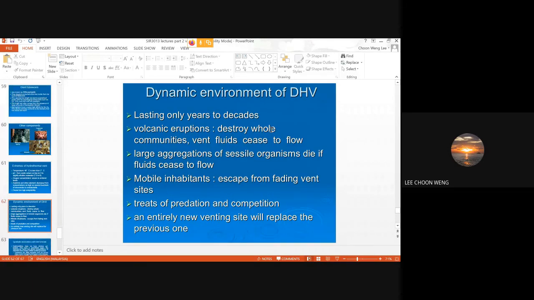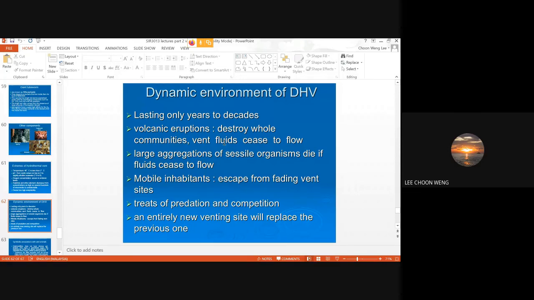Okay, so it doesn't last long because volcanic eruptions and earth movement can easily destroy the chimney. Once the chimney breaks, the plume, the vent fluids might cease to flow or use another pathway to flow.